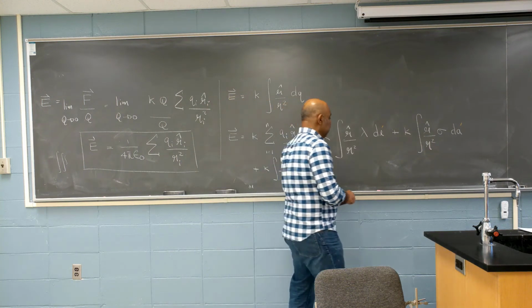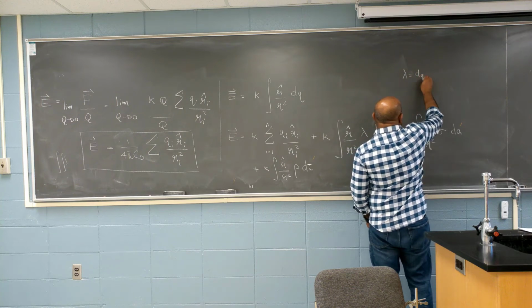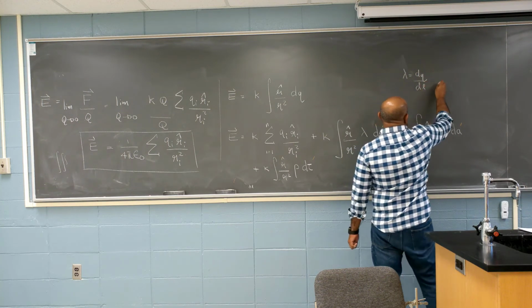So let me define all of them. Lambda equals dq over dl, the linear charge density.